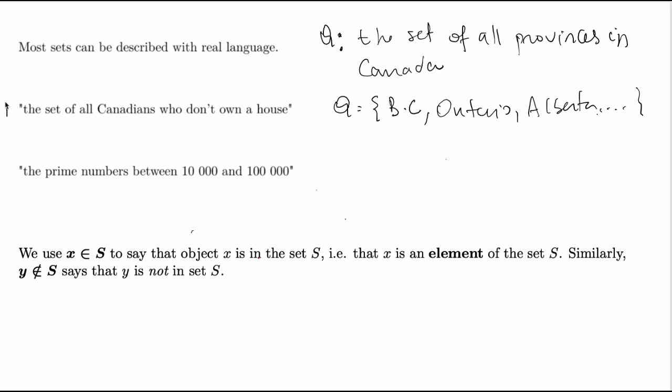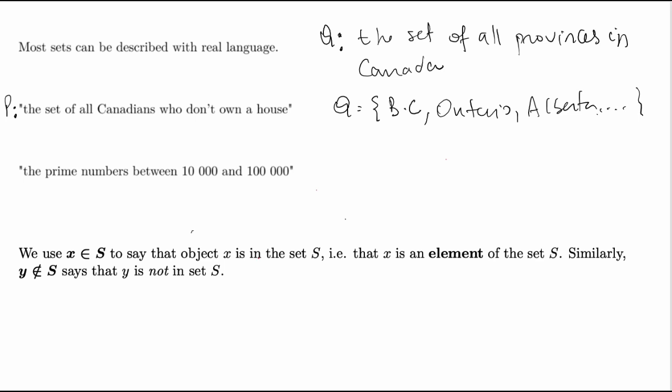I can also describe, for example, a set P, where I say the set of all Canadians who don't own a house. This is a description, right? Because in this case, I won't be able to list, right? I don't have a limited number of 10 or 12. I have millions of people, unfortunately, that don't own a house, right?